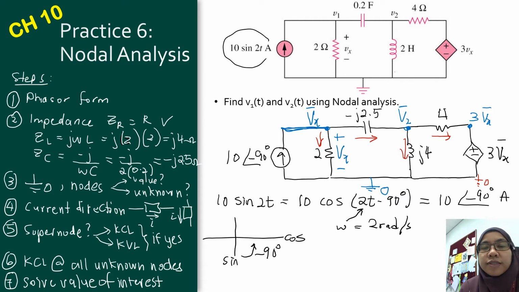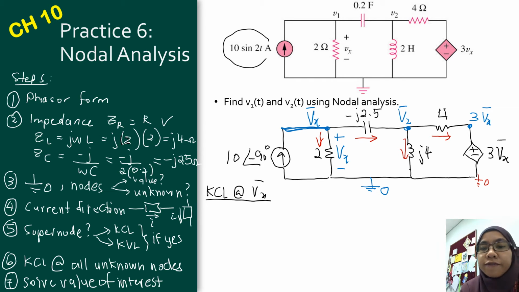Step number 6, you need to build up KCL at the unknown nodes. KCL at Vx: current entering, which is 10 at negative 90 degrees, equals current leaving, which is Vx minus 0 divided by 2, plus Vx minus V2.